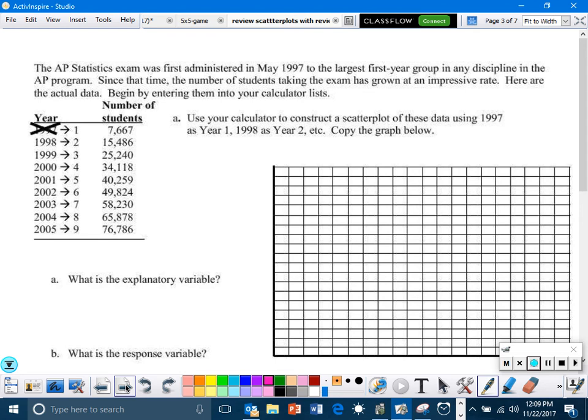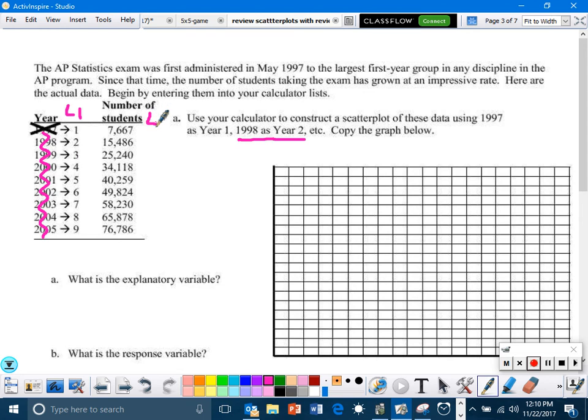Now, use your calculator to construct a scatter plot for these data, using 1997 as year 1, 1998 as year 2, and so on. So when we enter this into the calculator, we're not going to enter the year, okay? We're going to enter 1 for the first year, 2 for the second year, 3 for the third year, and so on.